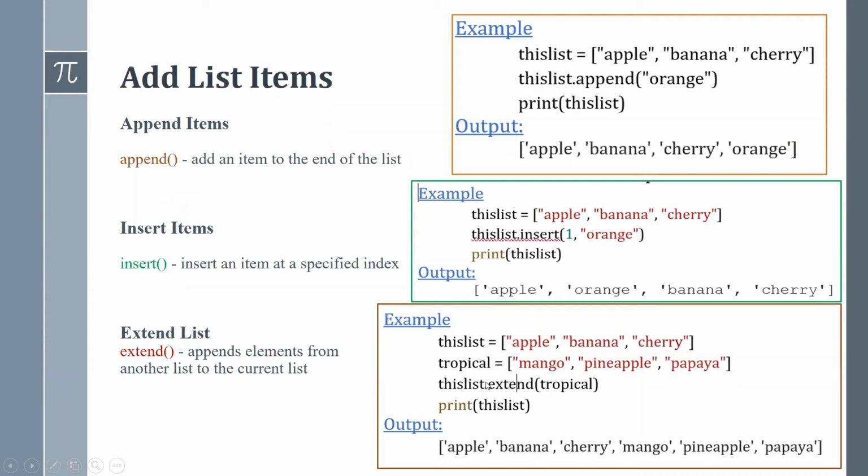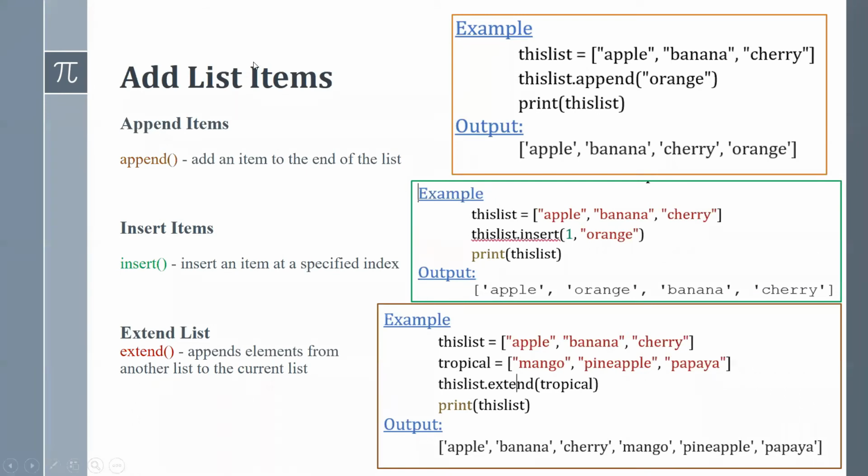When I tell this list dot extend of tropical, what I'm telling is whatever is in tropical, add it to this list. Okay, so now the value of this list becomes apple, banana, cherry, and everything else from the tropical list gets added at the end of the list. Okay, when you don't specify a range, the system automatically appends the list elements at the very end. Okay, keep that in mind.